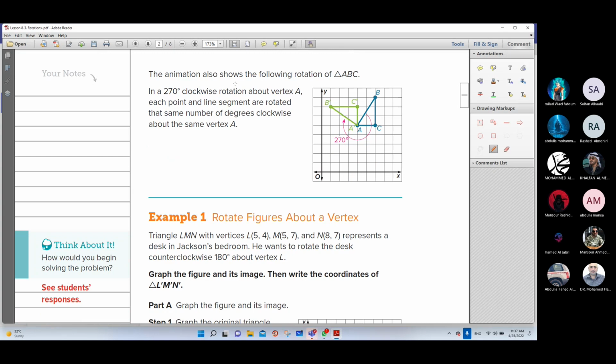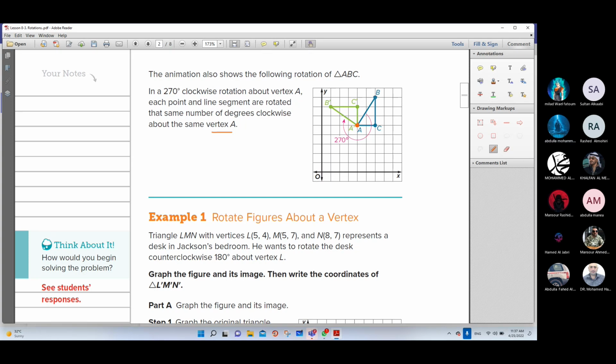The animation also shows the following rotation of triangle ABC. In a 270-degree clockwise rotation about vertex A, each point and line segment are rotated the same number of degrees clockwise about the same vertex A. As you see here, we have the image ABC, and this is the center of the rotation.